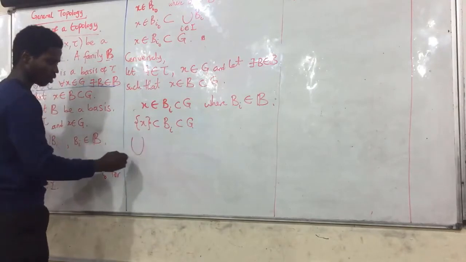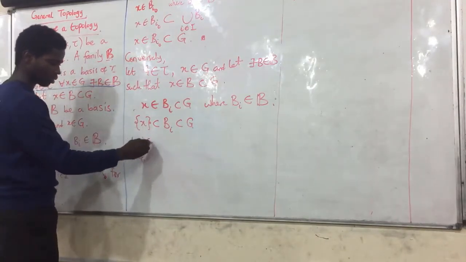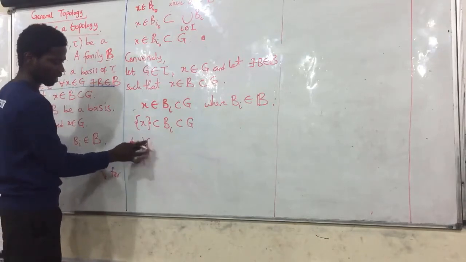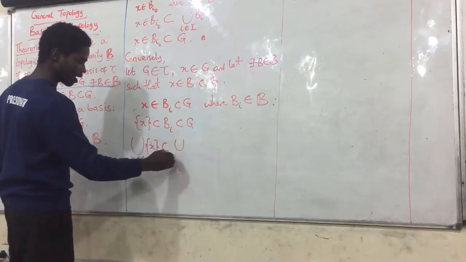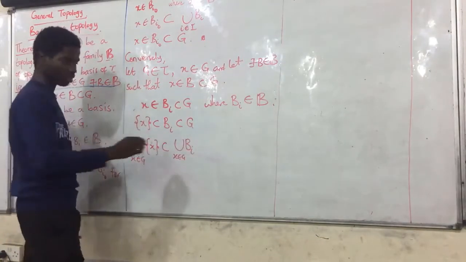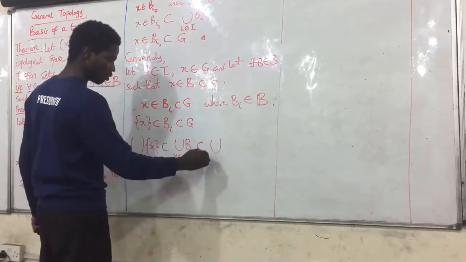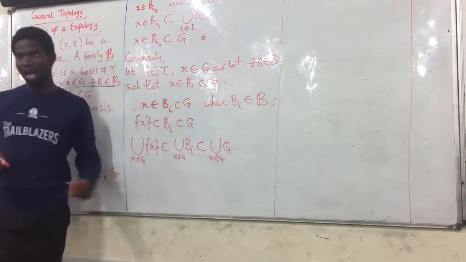Union of S in G of S, right? It's inside union of S in G of BI, right? Inside union of S in G of G. Are you getting it?